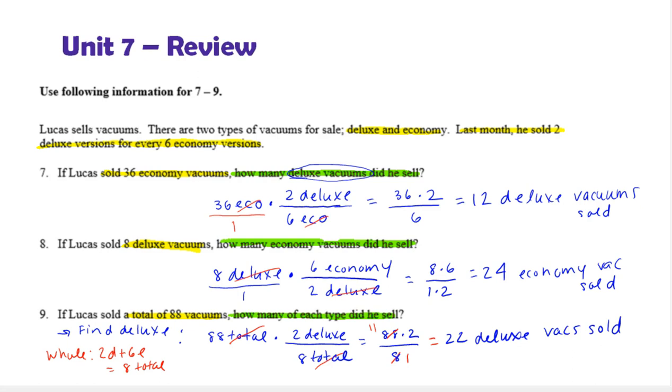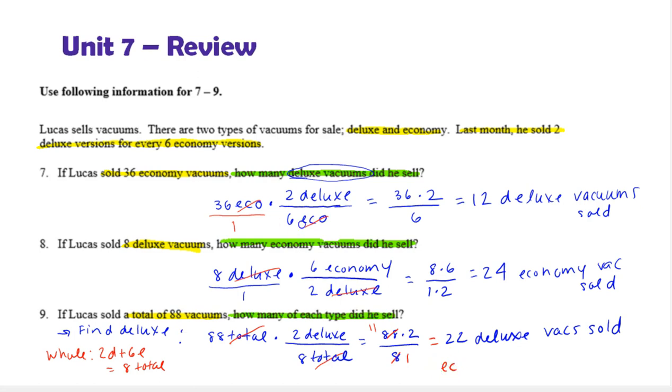Okay. We were asked to find how many of each type he sold, so we could do the same whole process using 6 out of 8 and multiplying it by 88, but notice we know the total number of vacuums sold was 88, so we can use that information because it's a little bit quicker.